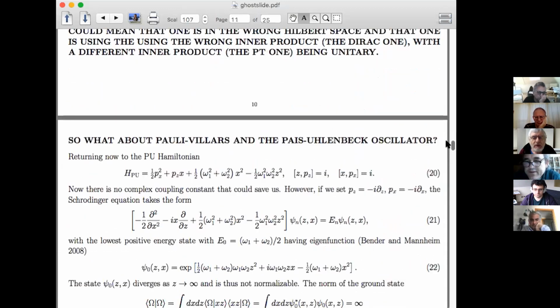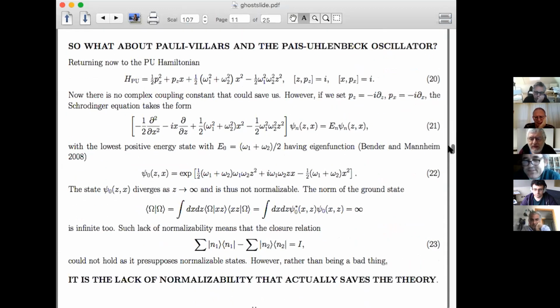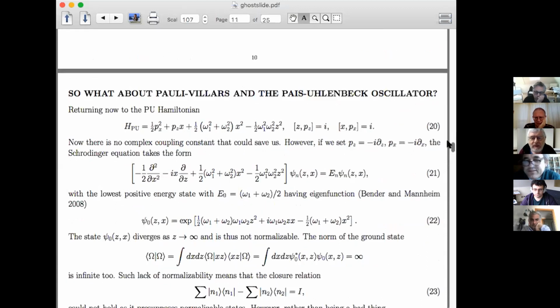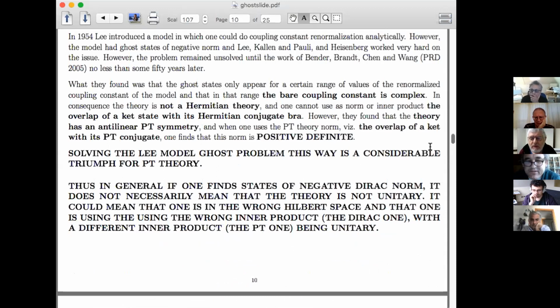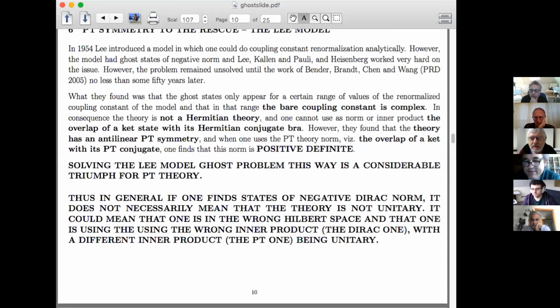Philip. Hello. The solution of the problem is due to Bender, but the fact that it was non-Hermitian was already back to the times of Heisenberg and Lie. Yes, but thank you. But I don't think they knew what to do.